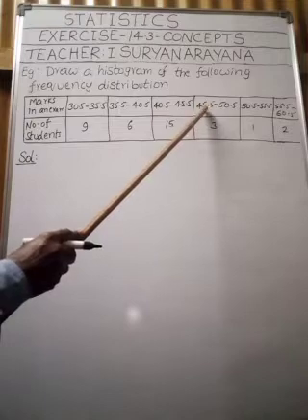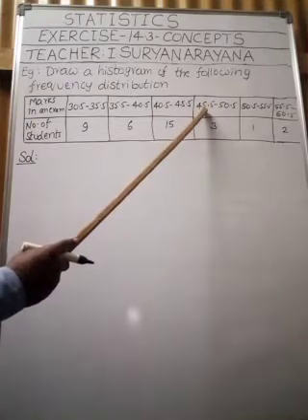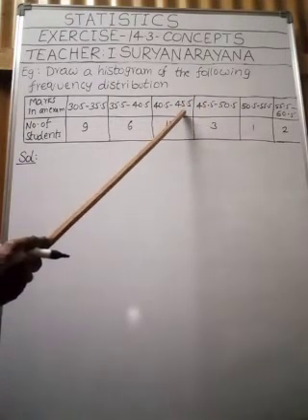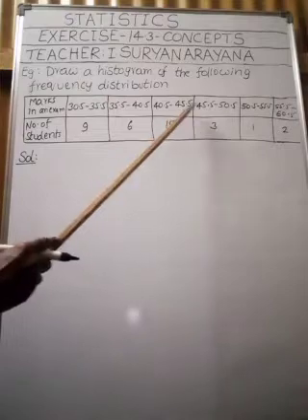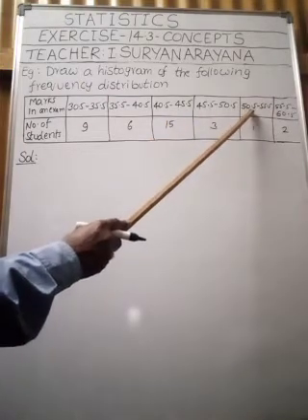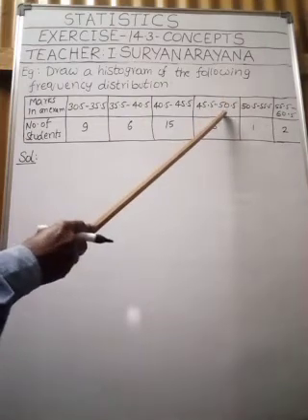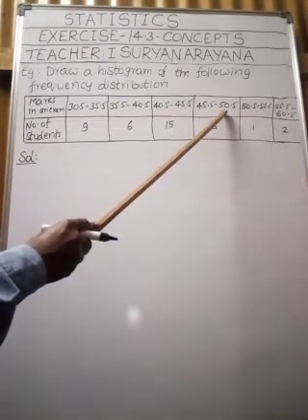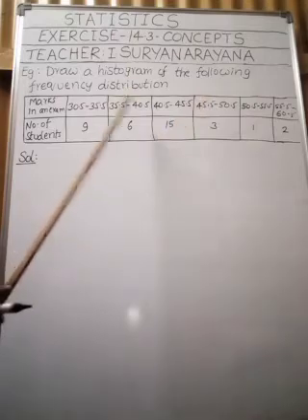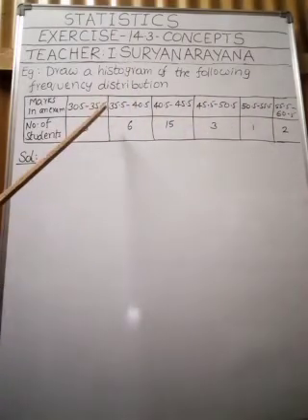See here, lower limit of this class interval is equal to the upper limit of the previous class interval. Yes or no, my children? Similarly, the lower limit of this class interval is equal to the upper limit of the previous class interval. If you observe all these class intervals, the same rule is applied.